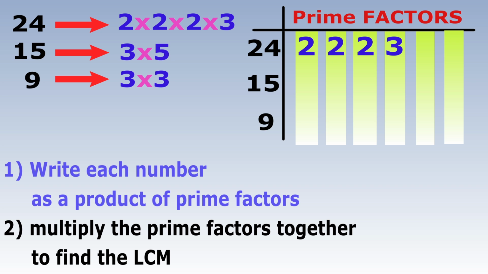There are no 2s, so we can't put anything in the first 3 columns, since we have no match. But 9 has two 3s for factors, so we can use the next 2 columns, one which makes a match and the other which has no number in it yet. Then finally, the factors of 15 are 3 and 5.